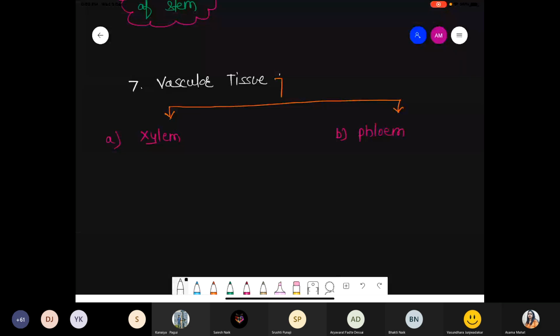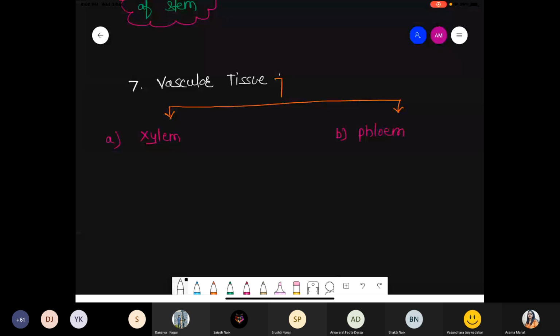Similarly phloem, under the phloem different types of cells all work together and get involved during the food conduction. अकेला xylem, अकेला phloem water and food को conduction नहीं करेगा. There is a group of cells which is associated with the xylem and the phloem.